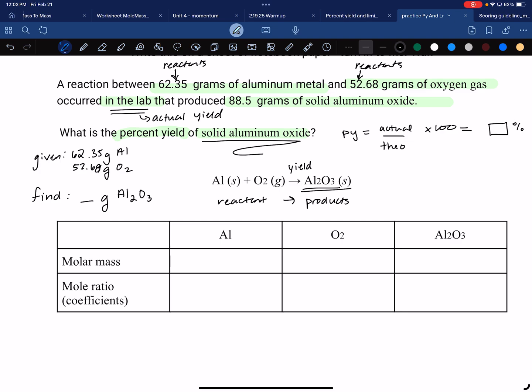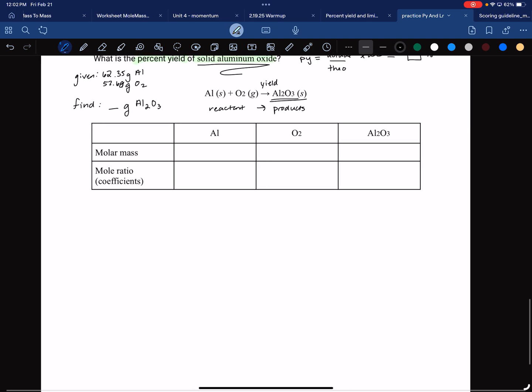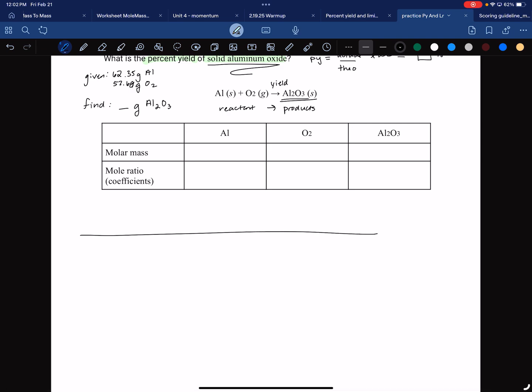Okay, so your find is going to be grams of aluminum oxide. And also another hint is because your actual yield is also in grams of aluminum oxide. Okay, so there's many things here, but I already know that because I'm given 2 givens, how many T-charts do I need to set up? 2.